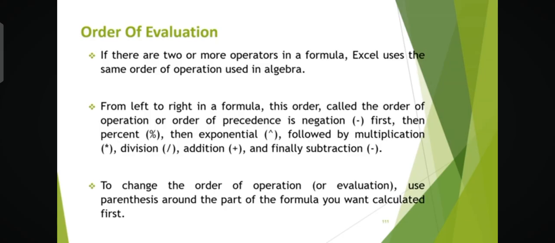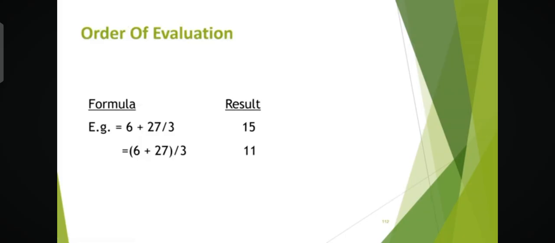All right. Now let's see if we can get some examples. For example, this particular formula up here, 6 plus 27 divided by 3. We know that in the order of precedence, we have negation, percentage, exponents, multiplication and division, subtraction, and addition.